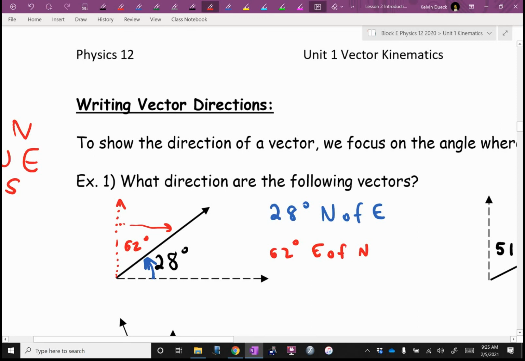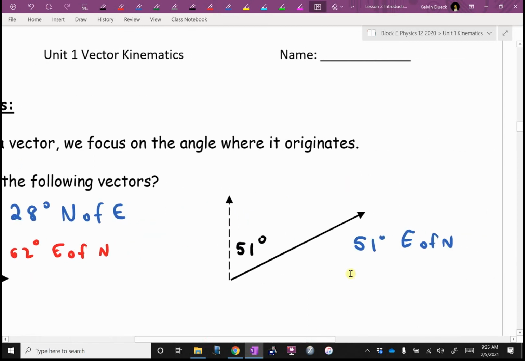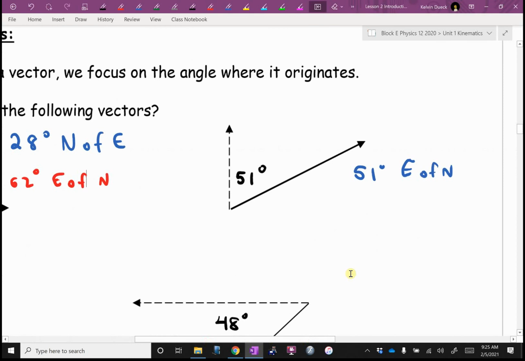There's a pattern. Hey, not only is this 51 degrees east of north, you could also get there by going 39 degrees north of south, east of west, what of what?